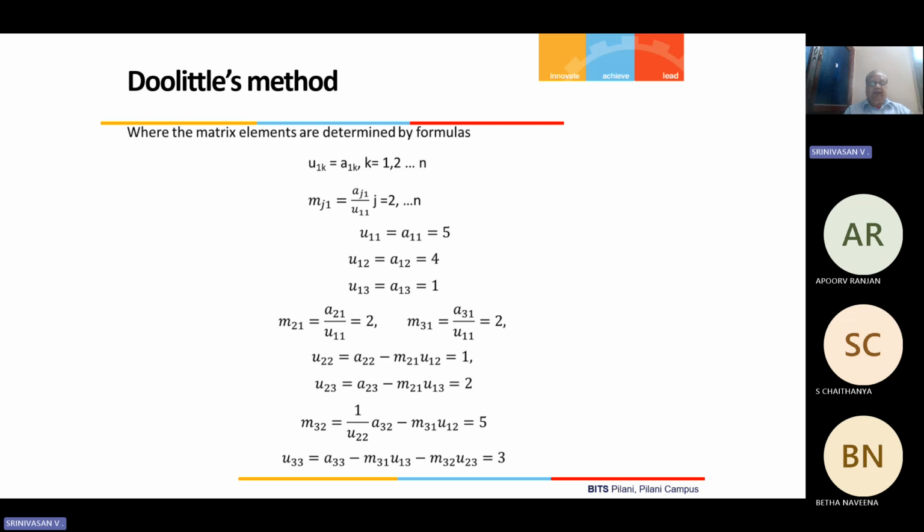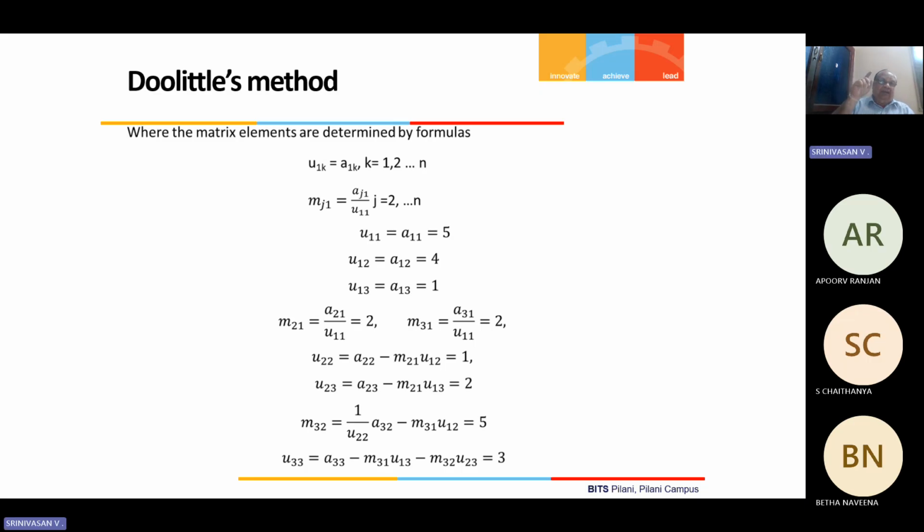Now we need to find U22 and U23. What is U22? A22 minus L21 into U12. But these are the things you found for L in Kraut's method. So whatever you find for Kraut's will be made use of in Doolittle's method.